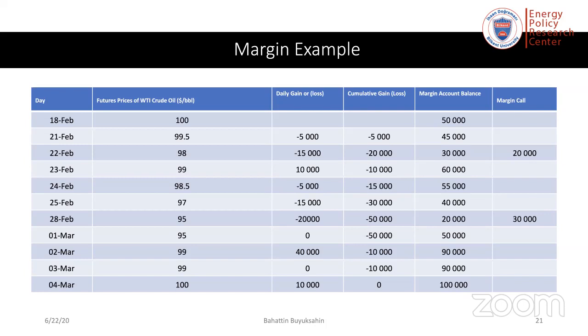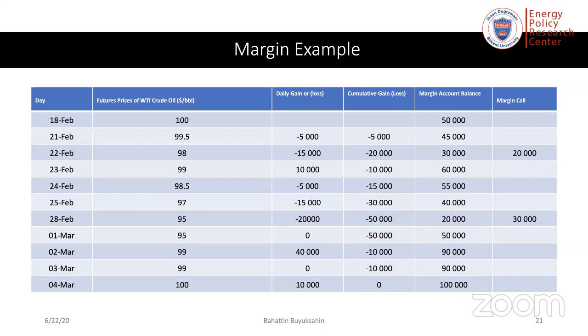The investor neither gained nor lost any money, since the price at which he bought 10 contracts and the price at which he sold his contracts were the same, which is $100. Therefore, he didn't make any money or lose any money. His margin account shows $100,000.